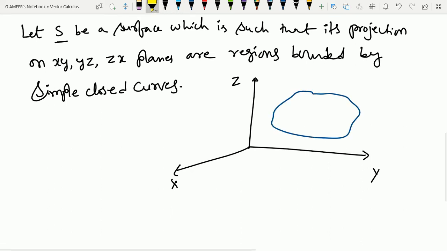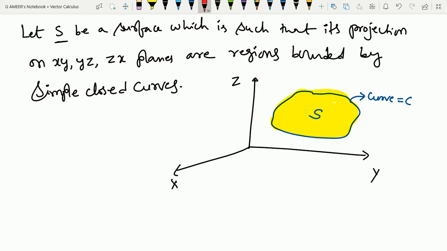This is the region, this is the surface, and this is the curve C. Let's see its projection.